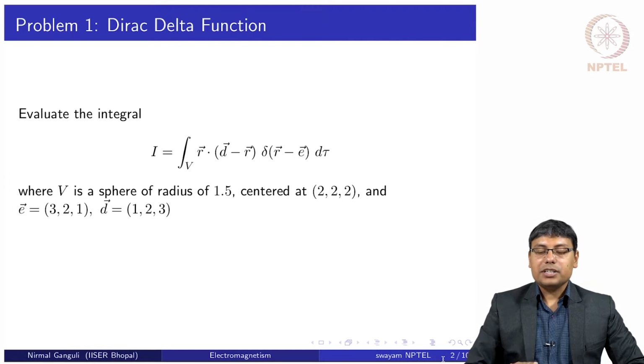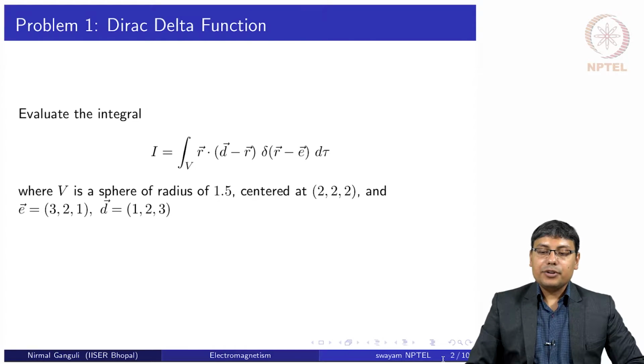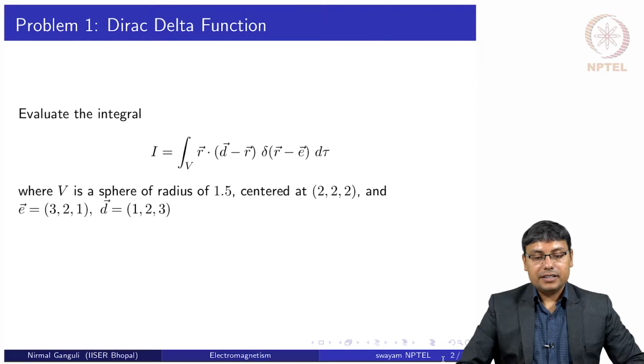So, the volume element is multiplied, that is d tau, and the volume V that we have is a sphere of radius 1.5 units centered at the point (2, 2, 2), and we have two constant vectors here. E is given as (3, 2, 1), that is 3 x cap plus 2 y cap plus z cap, and D is given as (1, 2, 3), that is x cap plus 2 y cap plus 3 z cap. You are supposed to find this integral.